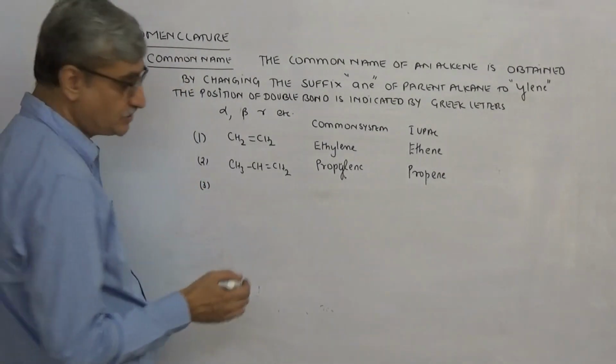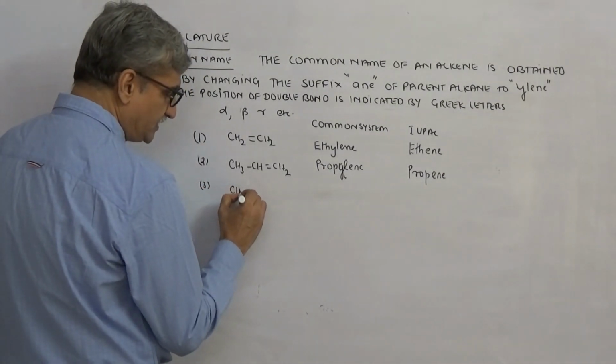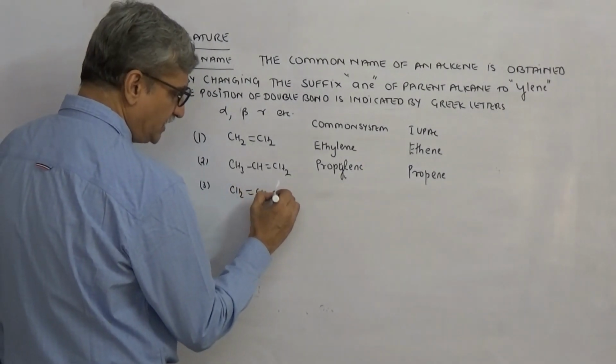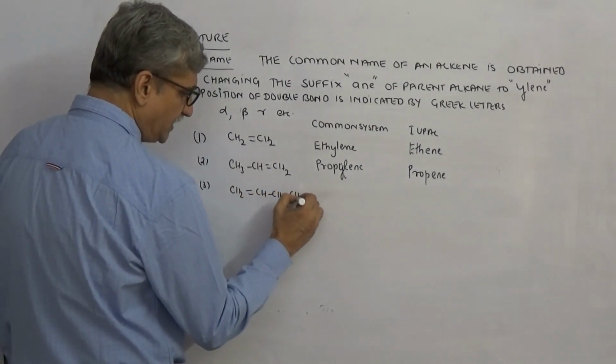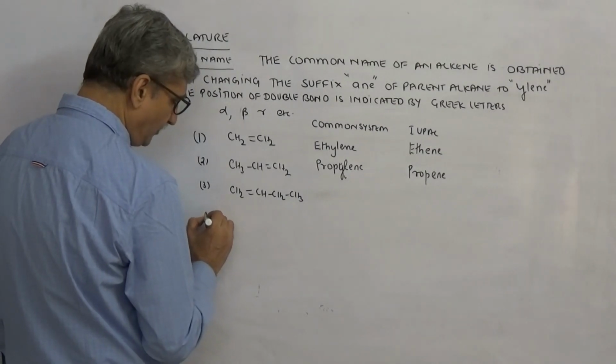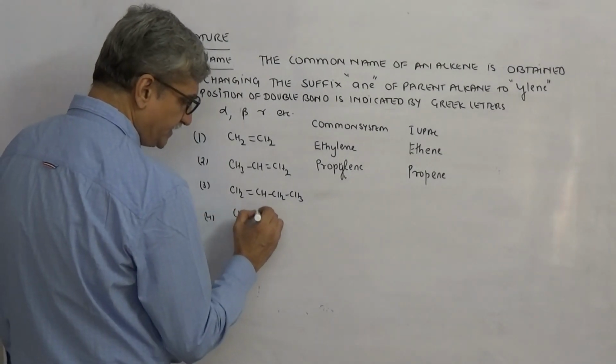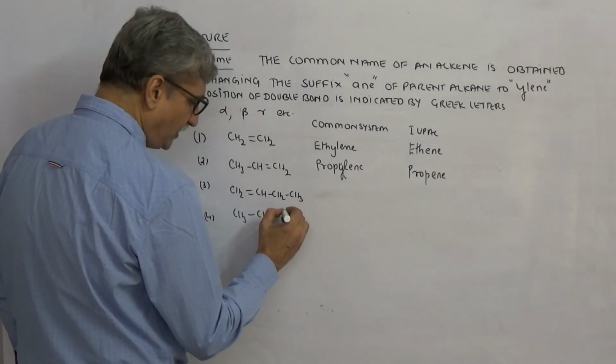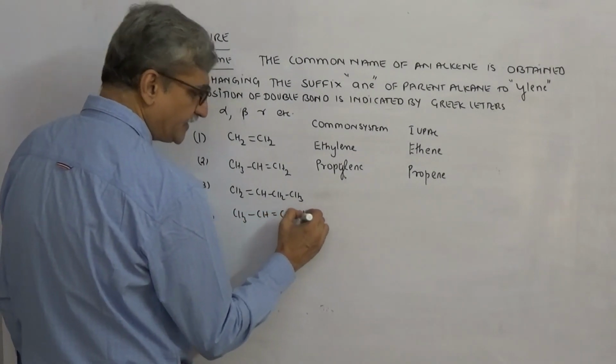We have positional isomers. So this would be CH2 double bond CH, CH2 CH3, and the fourth one will be CH3 CH double bond CH CH3.